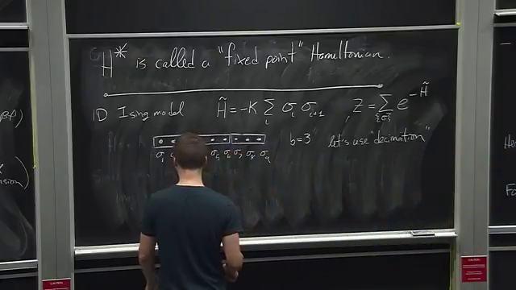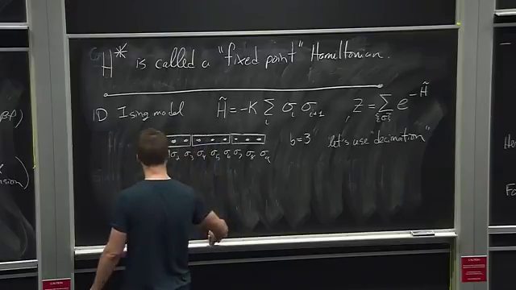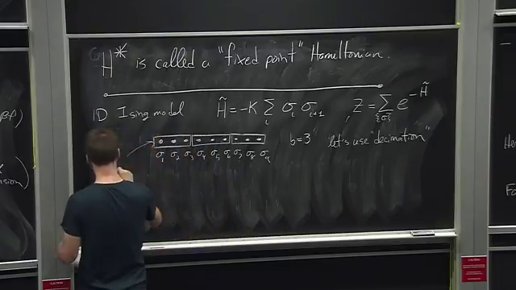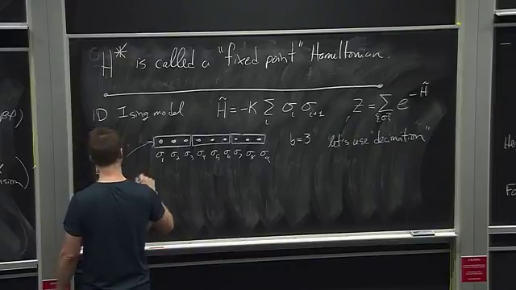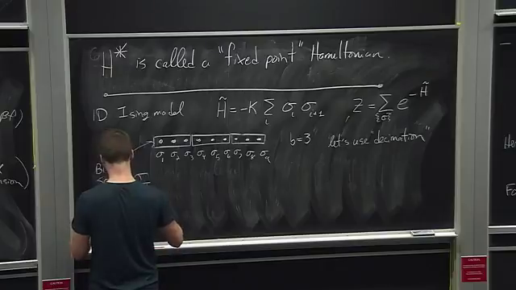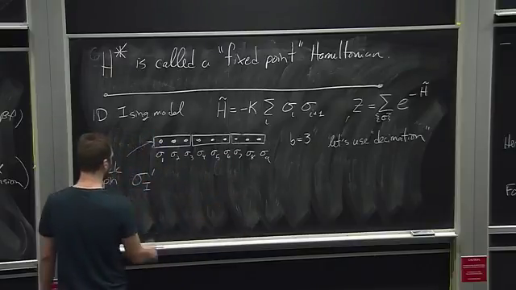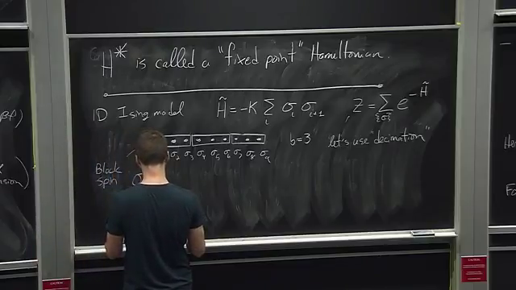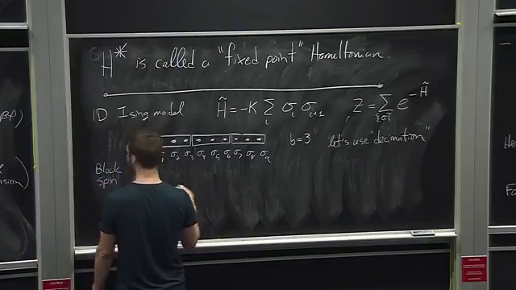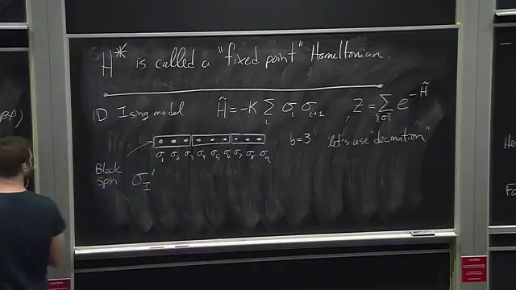So let's call a block spin sigma i prime. i is just the number label. Prime means I'm at the next length scale, the coarse grained.